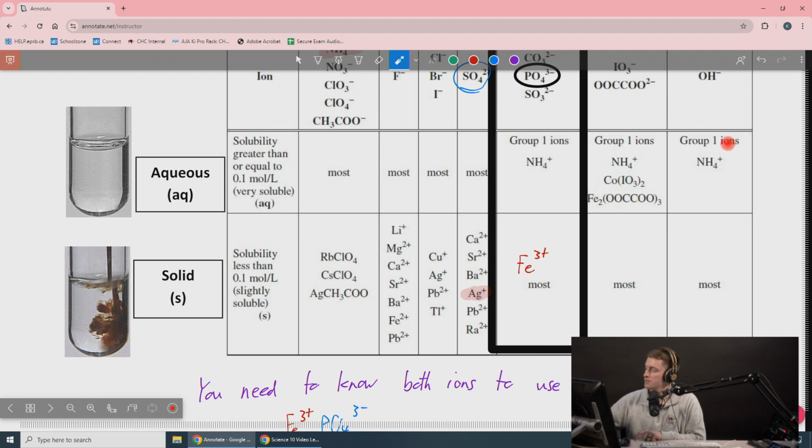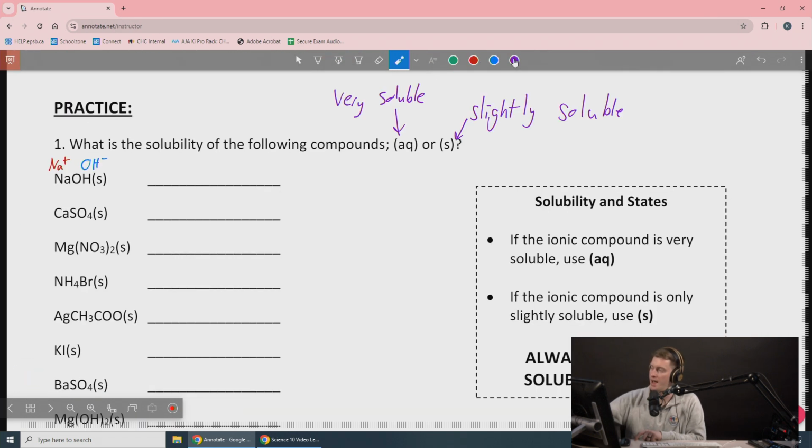Group 1 ions or NH4+. Sodium is included in a group 1 ion, which means that we are in this top row. Because we're in this top row, this is very soluble. So if NaOH was placed in water, then we could change the state to aqueous because it is very soluble.